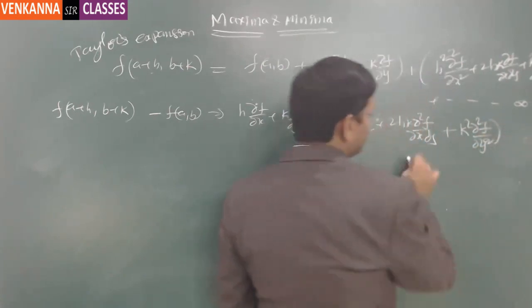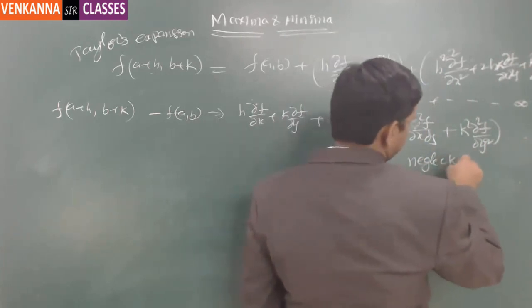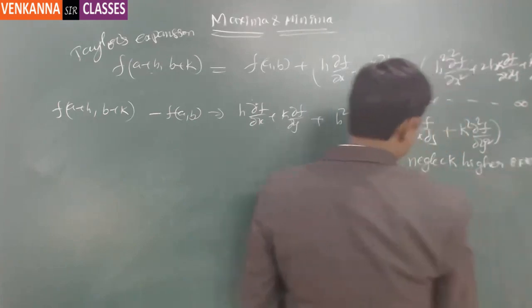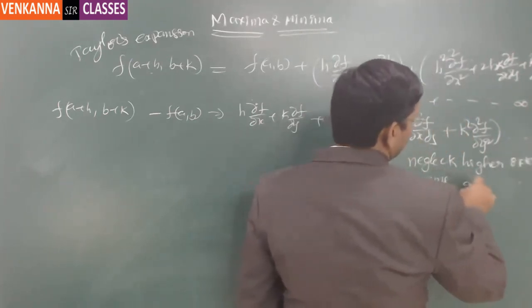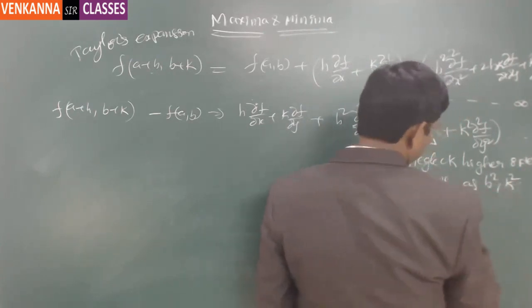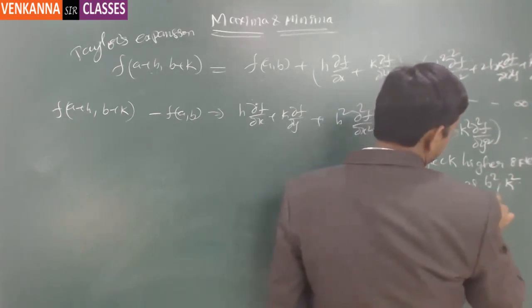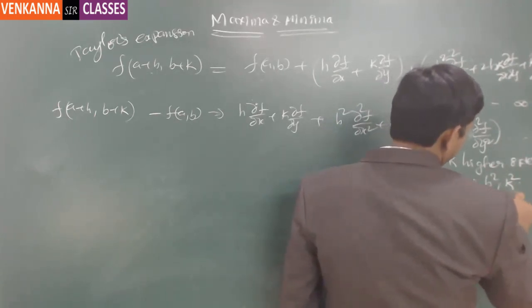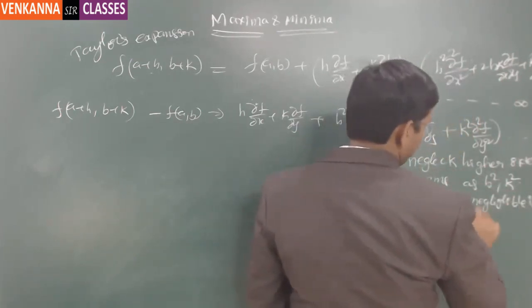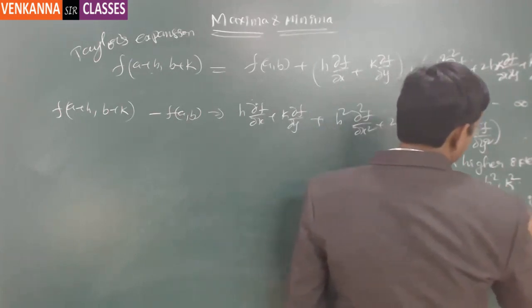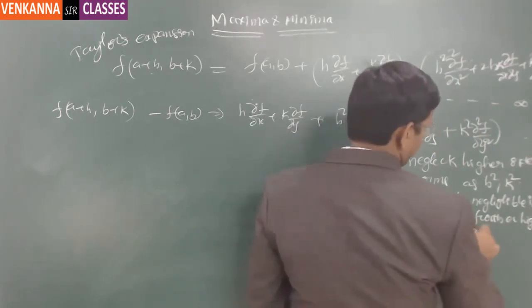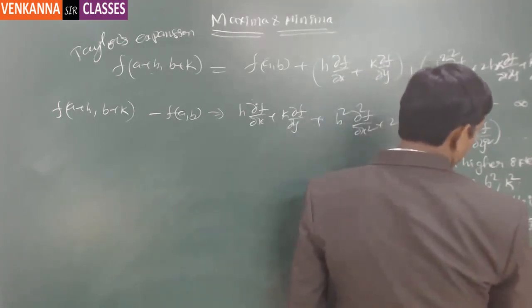Now neglect the higher order terms, as h² and k² and further higher powers will be negligible, as h tends to 0, k tends to 0.